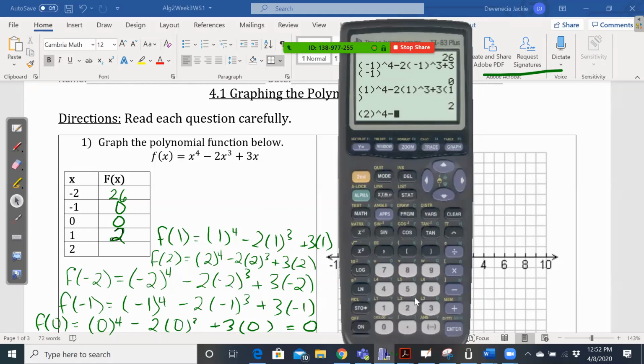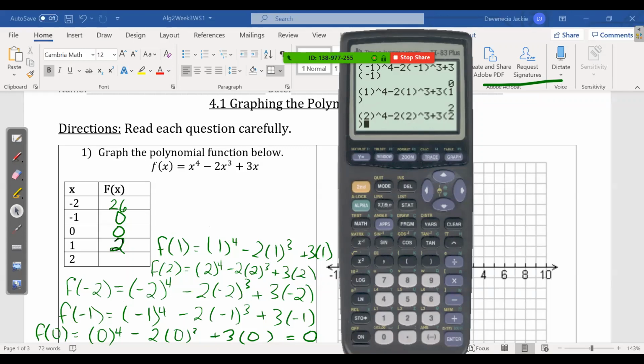But here I wanted you guys to review how to evaluate polynomials, so that's why we're doing it this long way. That's what I have. I'm going to press enter, and I have a 6.